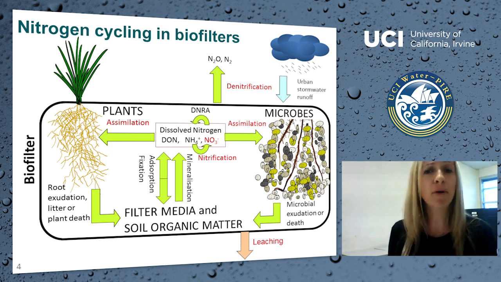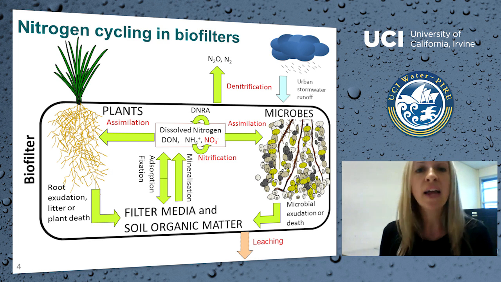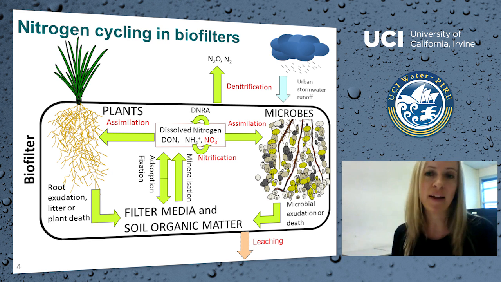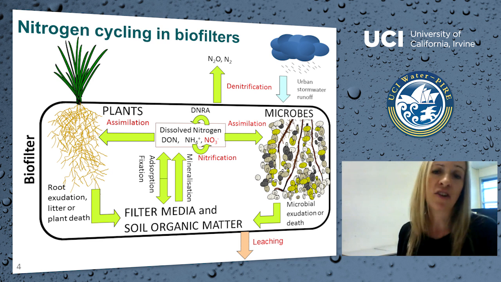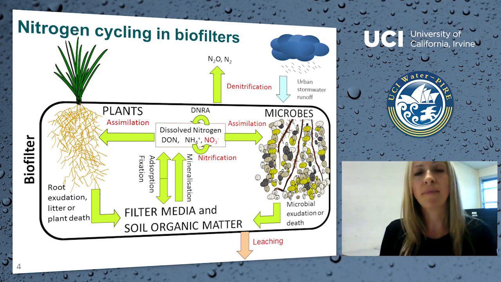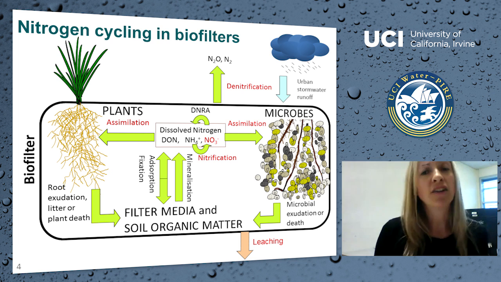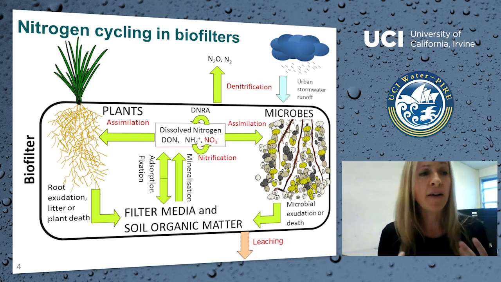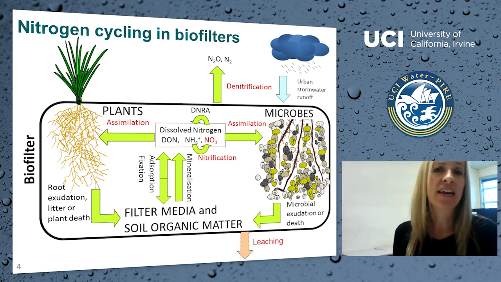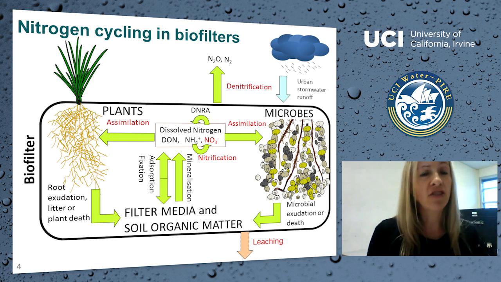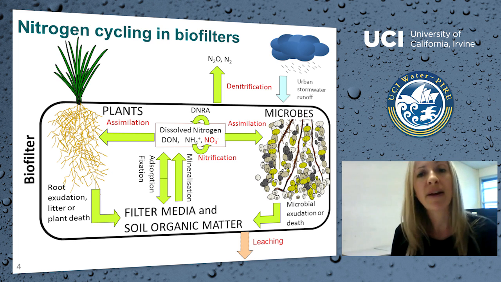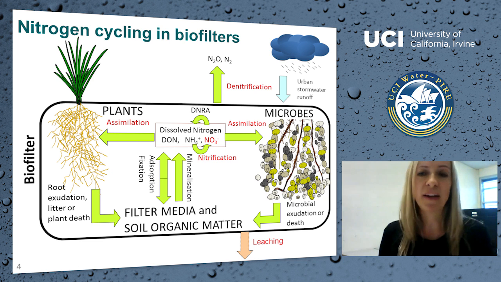So some key processes in the nitrogen cycle are uptake or assimilation by plants and microbes, decomposition and then mineralization processes, which re-release inorganic nitrogen from organic forms of nitrogen. Then there's nitrification, which requires aerobic conditions, and then denitrification, which provides a permanent removal pathway, converting nitrate into nitrogen gas, but it requires contrasting anaerobic conditions.